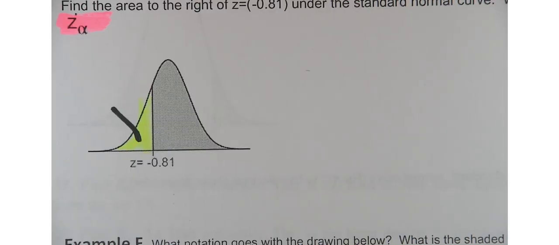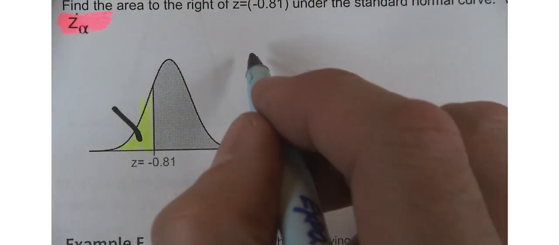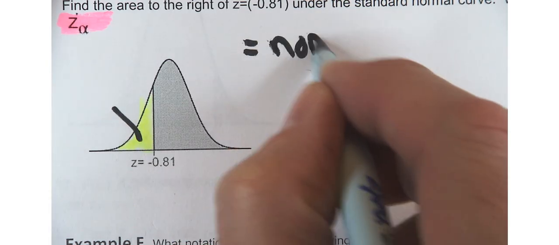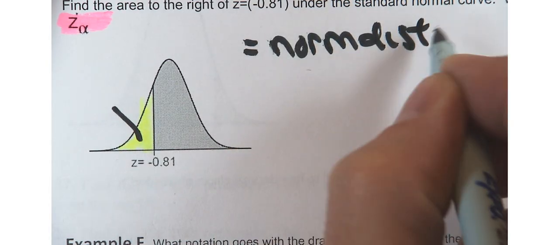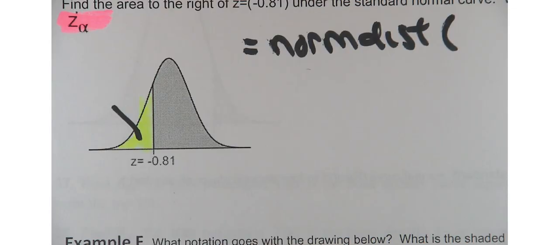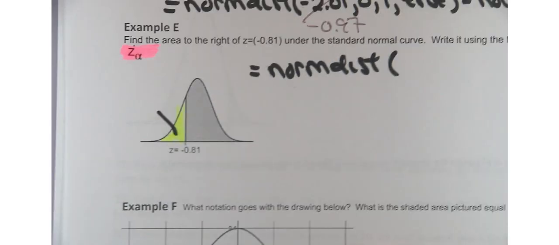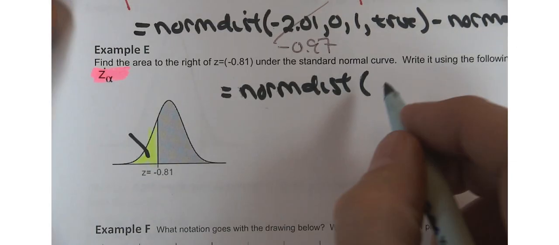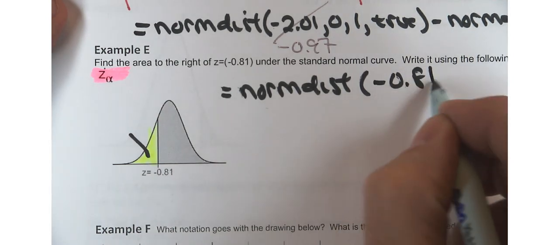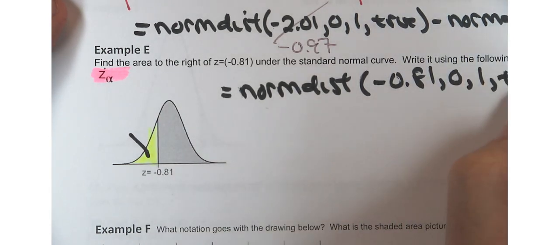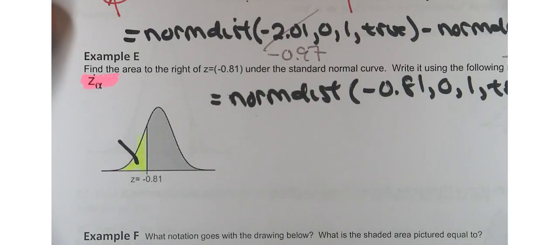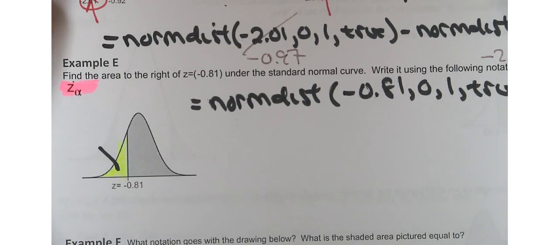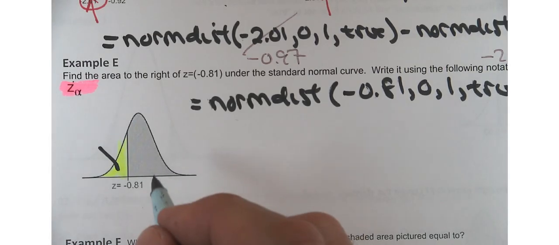So I can find the area in the left tail this way. Norm distribution. Royale, maybe you can help me figure out the rest of this command. Well done, thank you. Comma 0, comma 1, comma true. Now that's going to give me the area in the left tail, and that's fine, but that's not what I want. I want to find the area in the right tail.